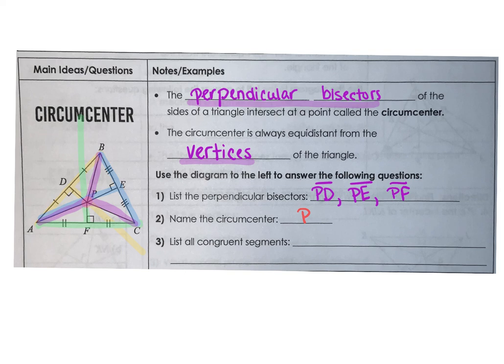So that means from A to P is going to be congruent to B to P, which is going to be congruent to C to P. Those three are congruent from each vertex to my circumcenter.